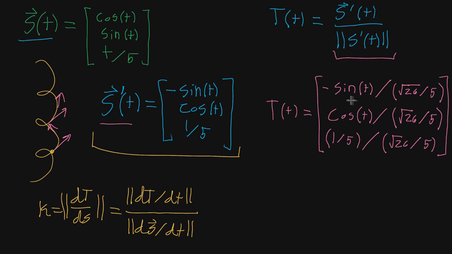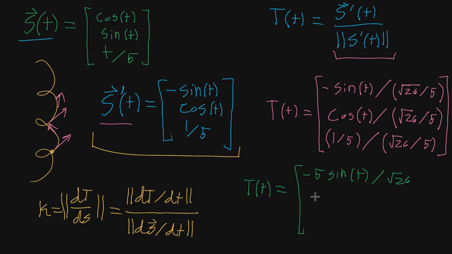And I think first, given that we have this kind of fractions of fractions form, I'm just going to start by writing it a little bit more simply. So our unit tangent vector function, that first component where we're dividing by the square root of 26 divided by 5, instead I'm just going to write that as negative 5 times the sine of t, so I'm just moving that 5 up into the numerator, divided by the root of 26.